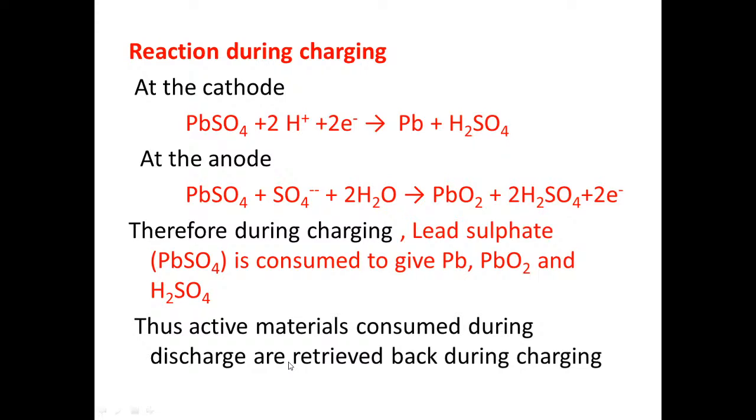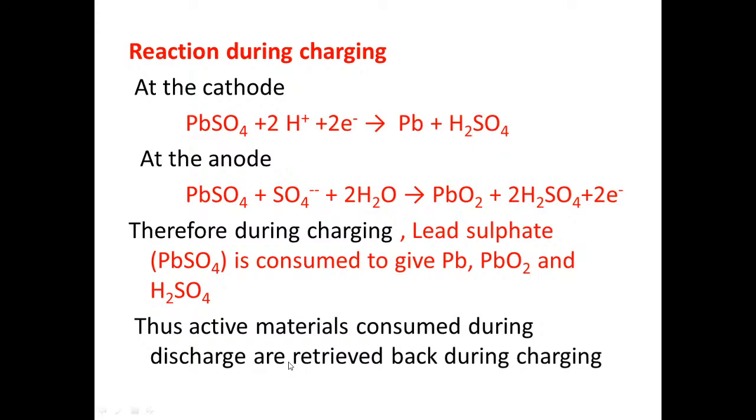At the anode, node पे क्या हो रहा है? Lead sulfate plus 2 units of water giving rise to lead dioxide plus 2 units of sulfuric acid plus 2 electrons. Therefore, during charging, lead sulfate is consumed to give lead, lead dioxide and sulfuric acid.